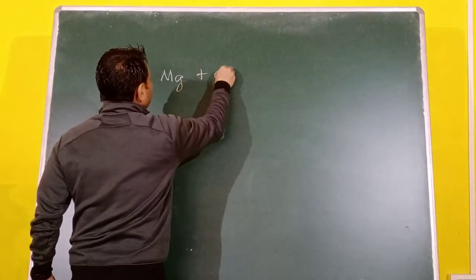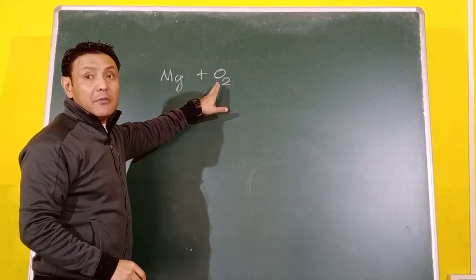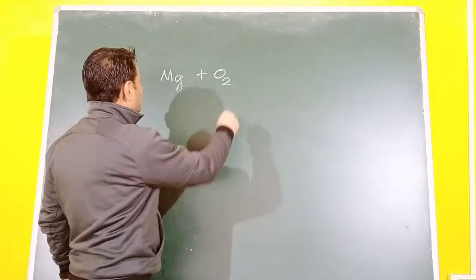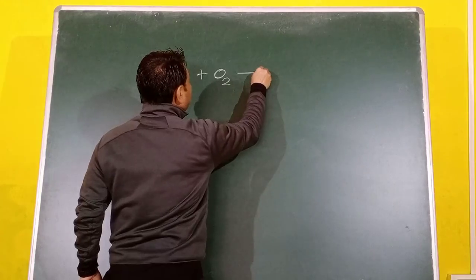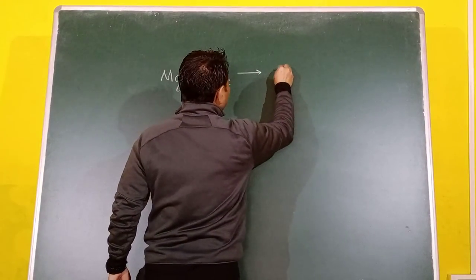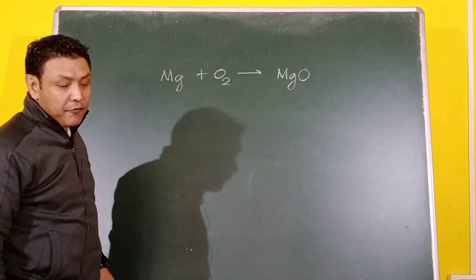Magnesium plus oxygen. Burning is combustion. Combustion means reacting with oxygen. So magnesium burns in the presence of oxygen, means it reacts with oxygen to produce magnesium oxide. So oxide will be formed.